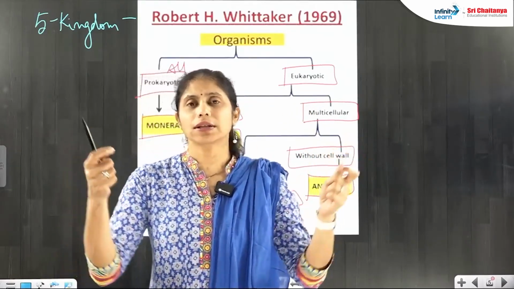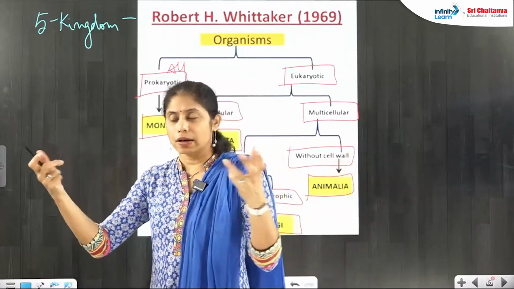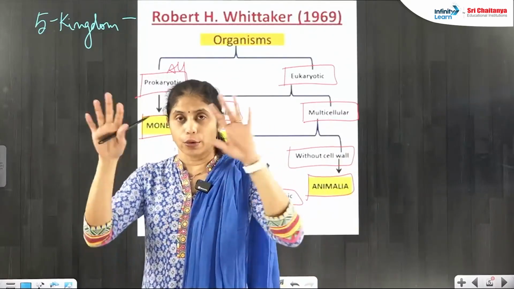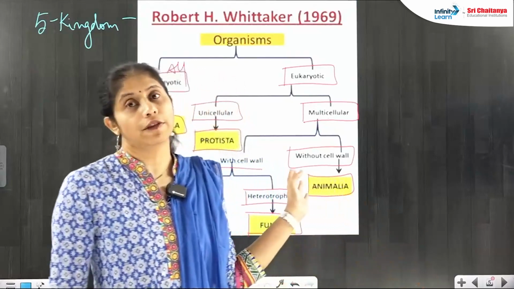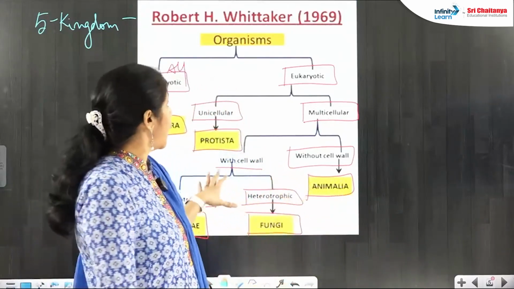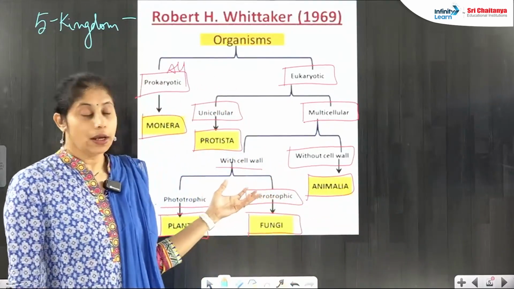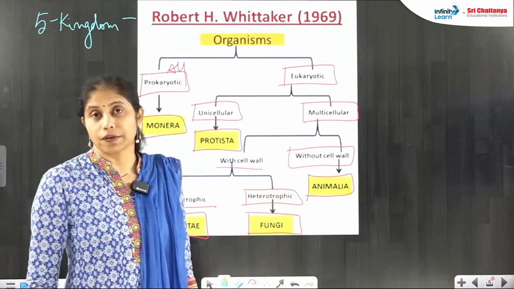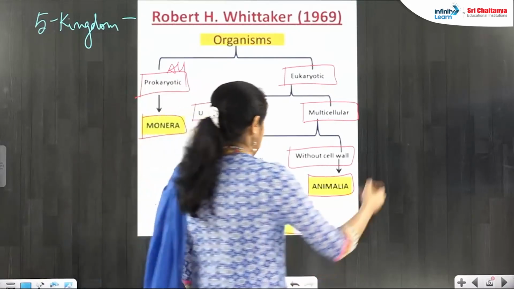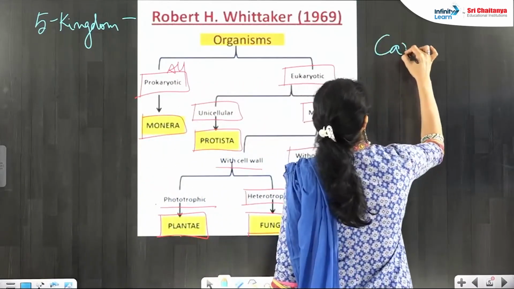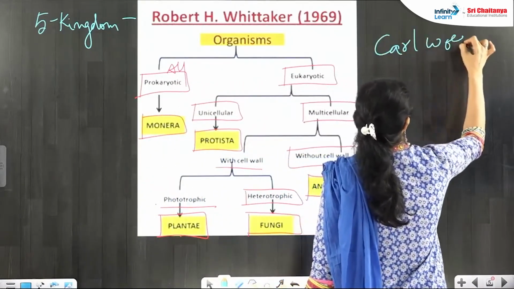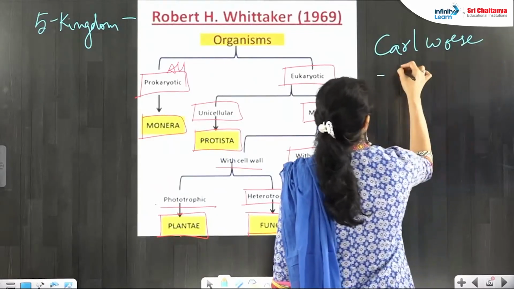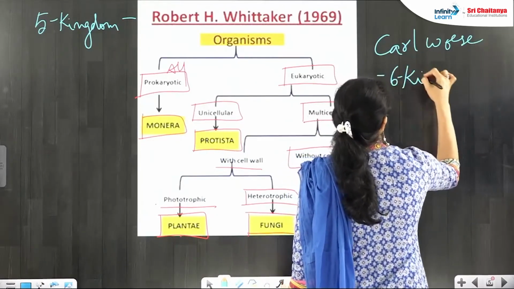Like that, these scientists took from those kingdoms and mixed everything to create the five kingdom system of classification. After this, the six kingdom system of classification and domains of classification were given by Carl Woese. He gave the six kingdom classification.